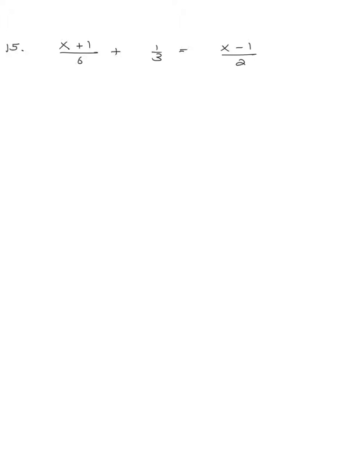So for question 15, again, solving this linear equation, there is a trick if you'd like to cancel off your denominators, and that is to multiply both sides by the least common denominator of, in this case, 6, 3, and 2. I know that you can multiply all of those to get to 6, so 6 is the least common denominator. If I multiply that to the left and to the right, it'll cancel all of those numbers.